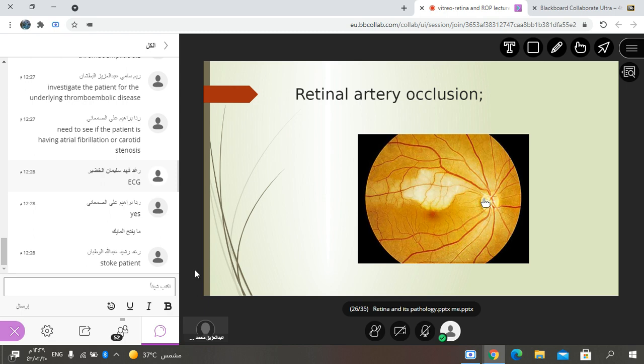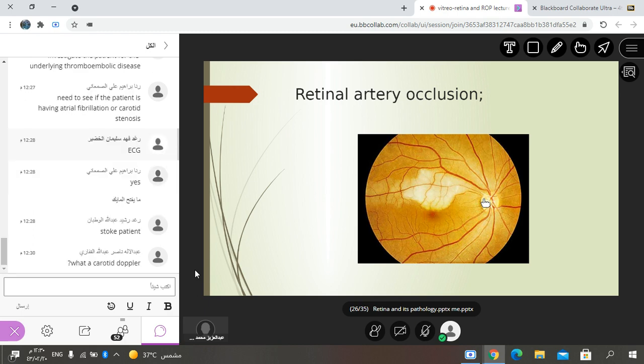This is branch artery occlusion. It wouldn't affect the vision too much, but a stroke affecting a crucial part of the brain will affect him. Sometimes yes, carotid artery stenosis and atherosclerosis are very common in diabetic, dyslipidemic, and hypertensive patients.